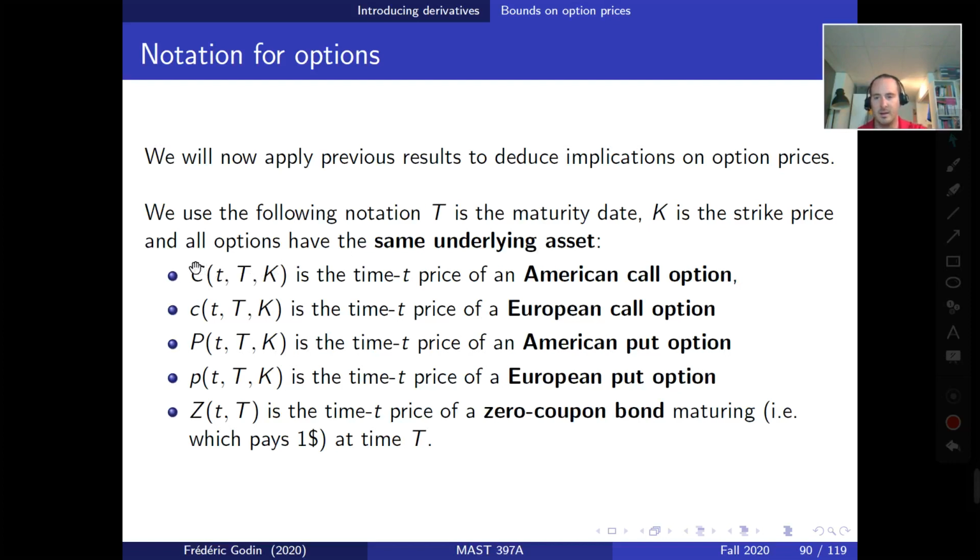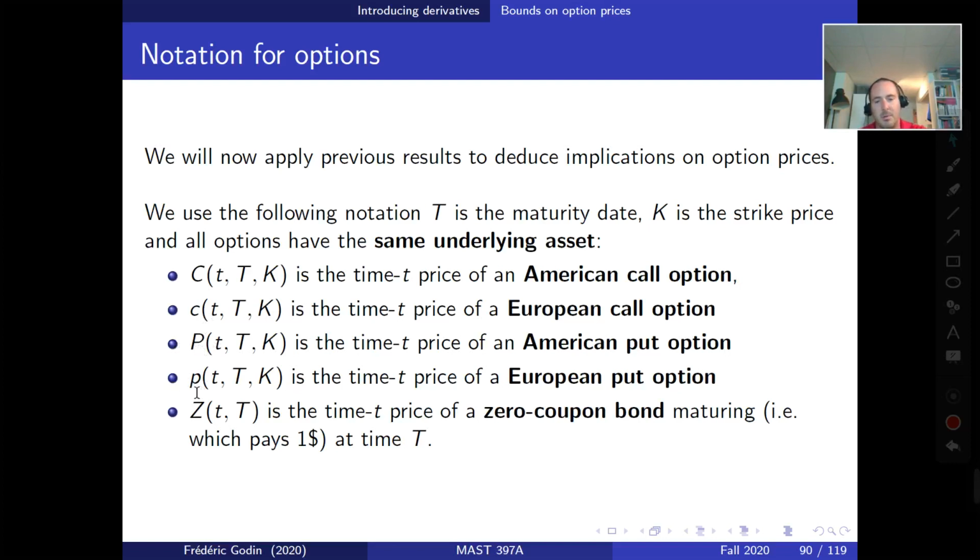So here, capital C, t, capital T, will be the time t price of an American call option maturing at capital T, and whose strike is capital K. Capital C denotes the price of an American call option. Lowercase c denotes the price of a European call option. Capital P will be the price of an American put option.